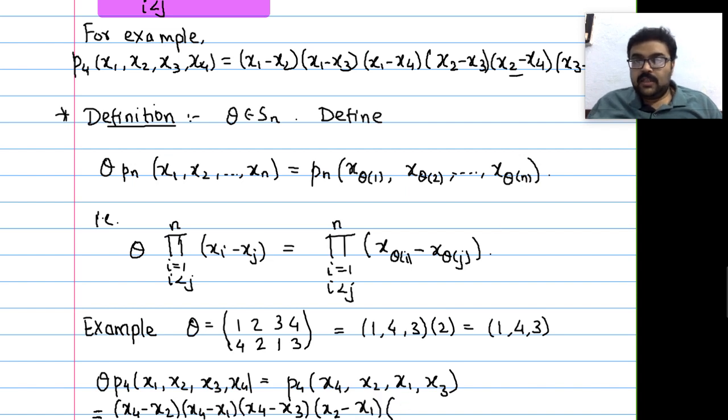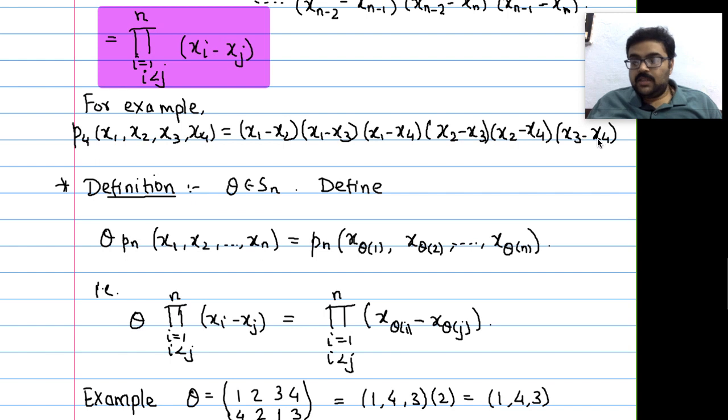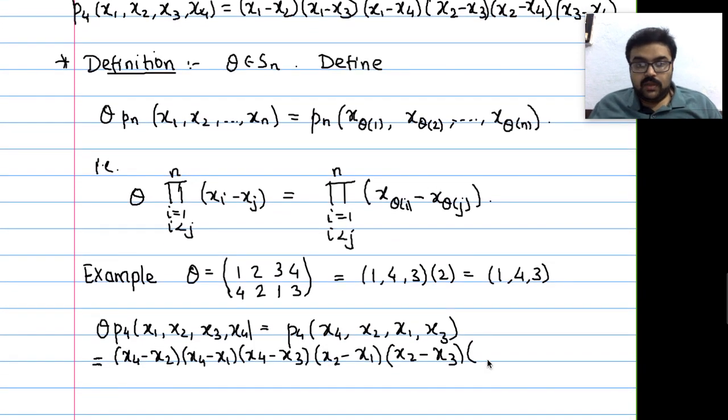Then x2 minus x4: x2 is the same and x4 goes to x3, so this is x2 minus x3. And finally x3 minus x4: 3 goes to 1, so that becomes x1, and 4 goes to 3, so this is x1 minus x3.